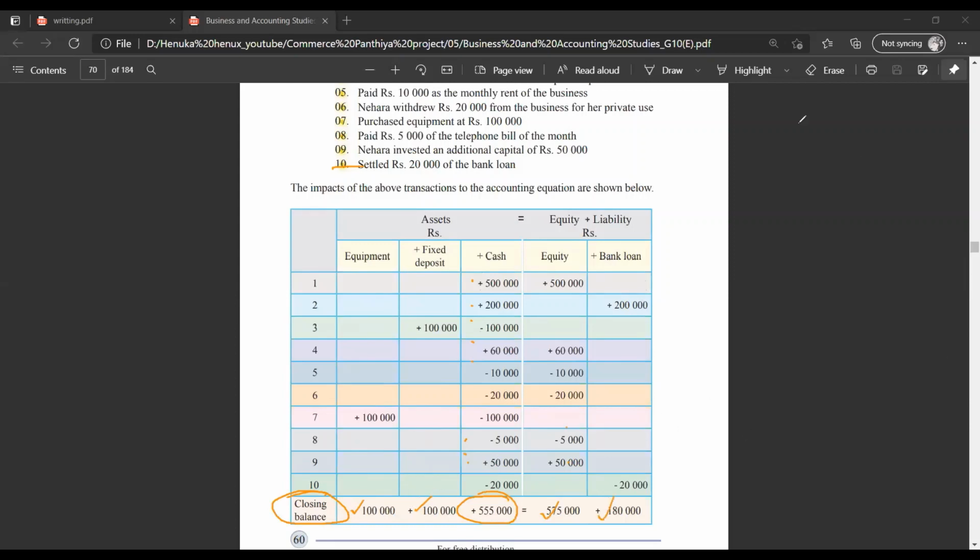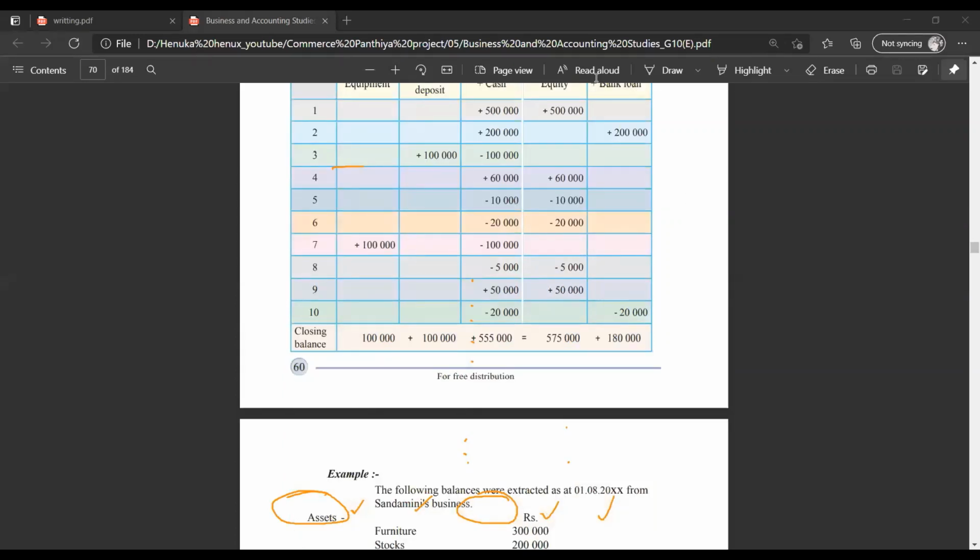So here, guys, wait. Right? So here the left hand side, LHS, should definitely be equal to the RHS. That means our total assets should be equal to the equity and liabilities of our business.